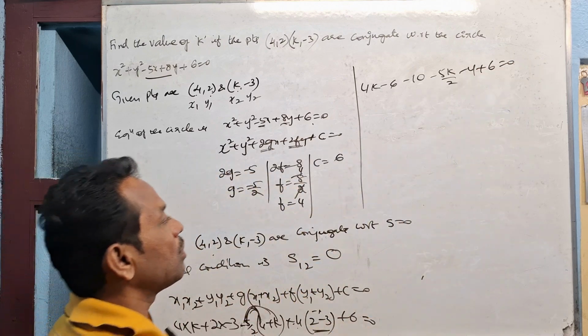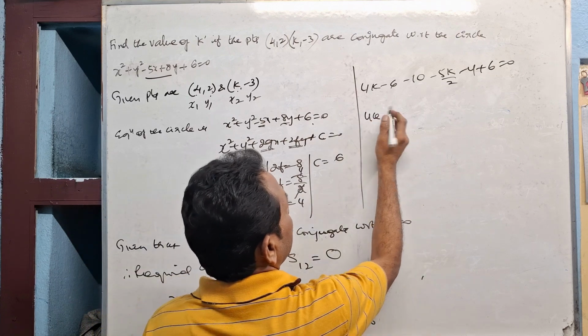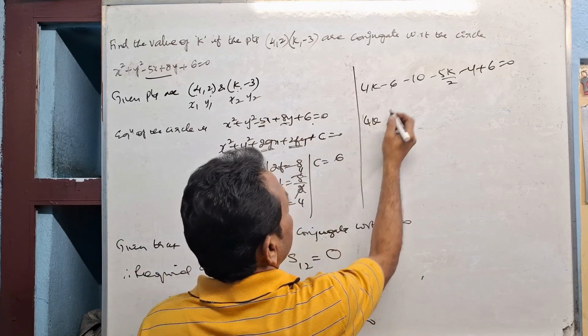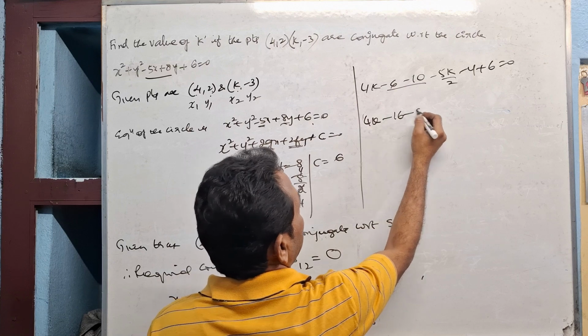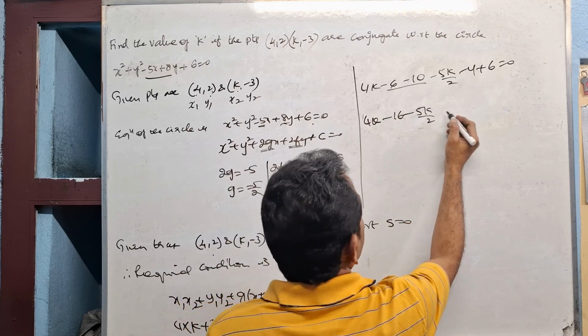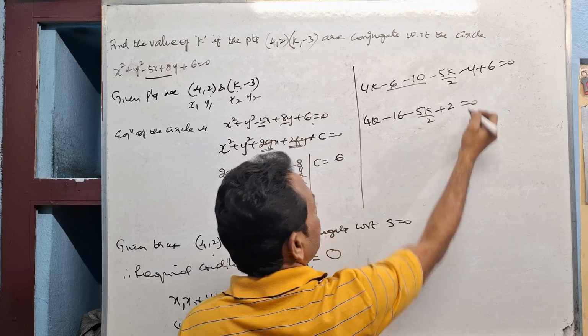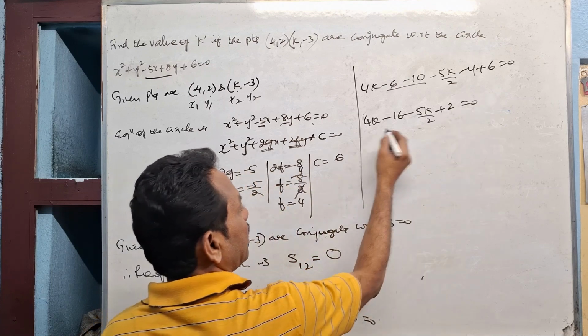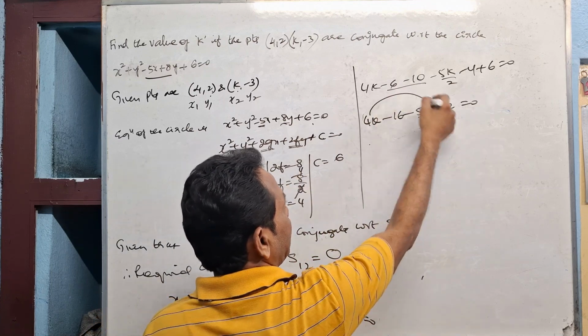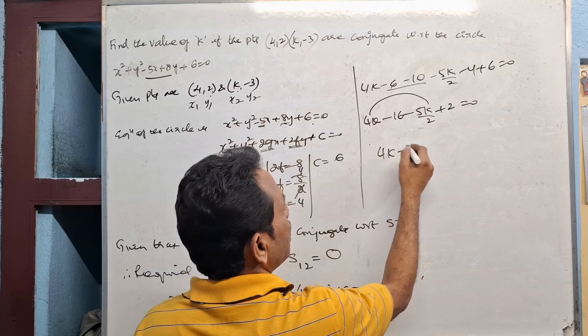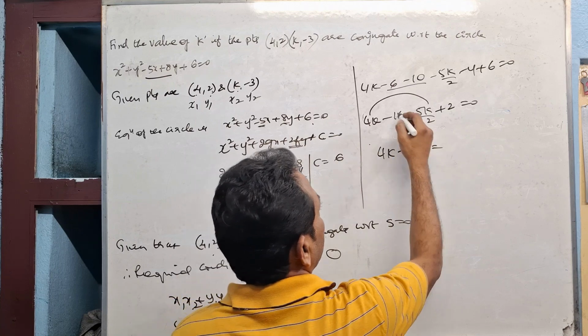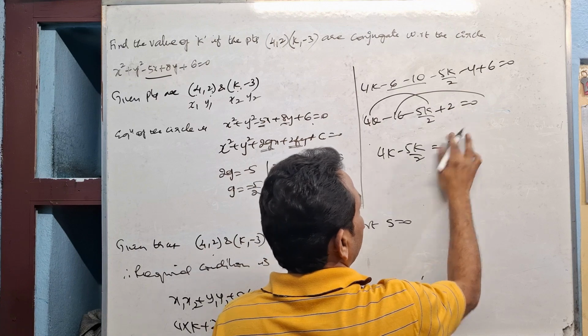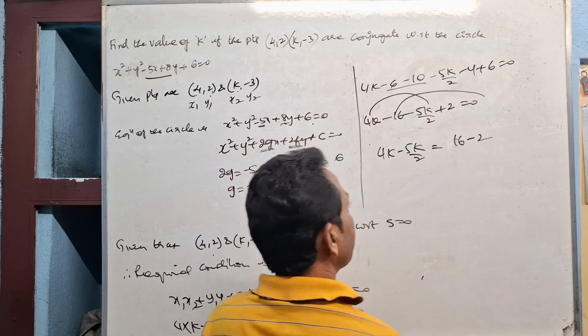Okay, now so 4k, you'll get minus 16 there, minus 5k by 2, here I'll get plus 2 equal to 0. So let me take all k terms in LHS: 4k minus 5k by 2 equal to, shifting everything to that side, we'll get 16 minus 2.